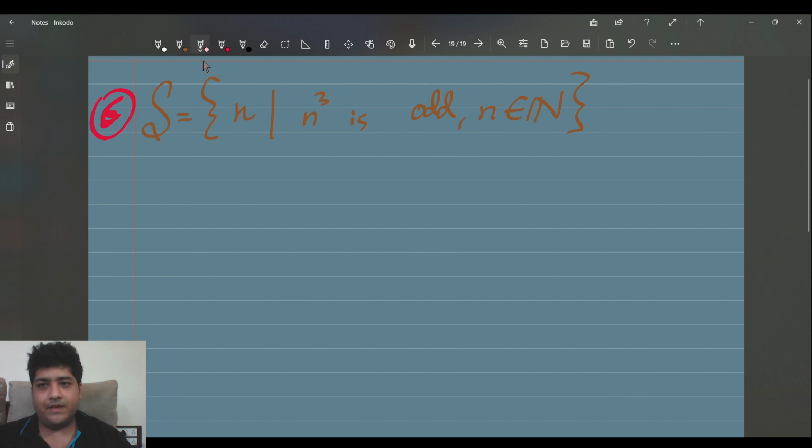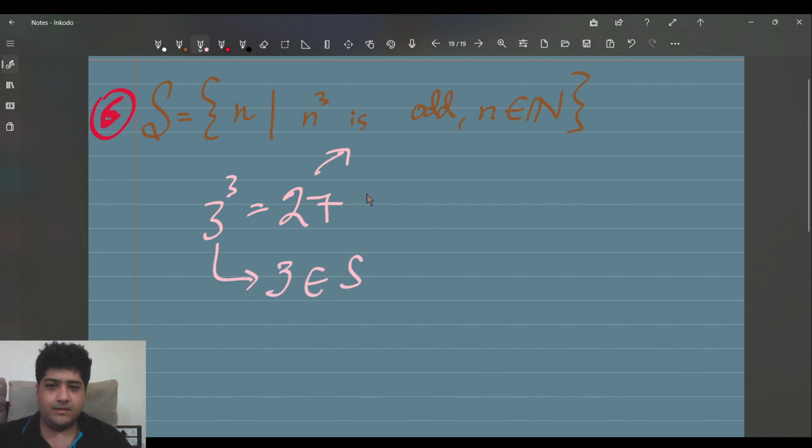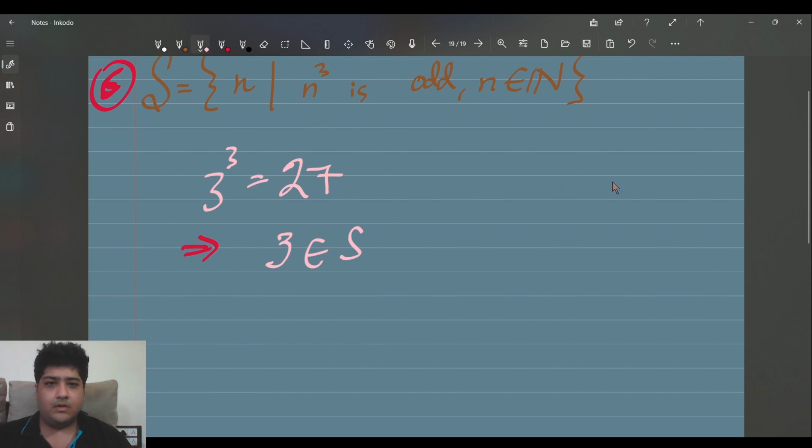So we'll have to be a bit careful here. Say that if n cube is odd, so maybe take an odd cube, 27. So if n cube, that is 3 cube, is odd, then we'll collect 3 into our set. So 3 would belong to S. So what about 8?